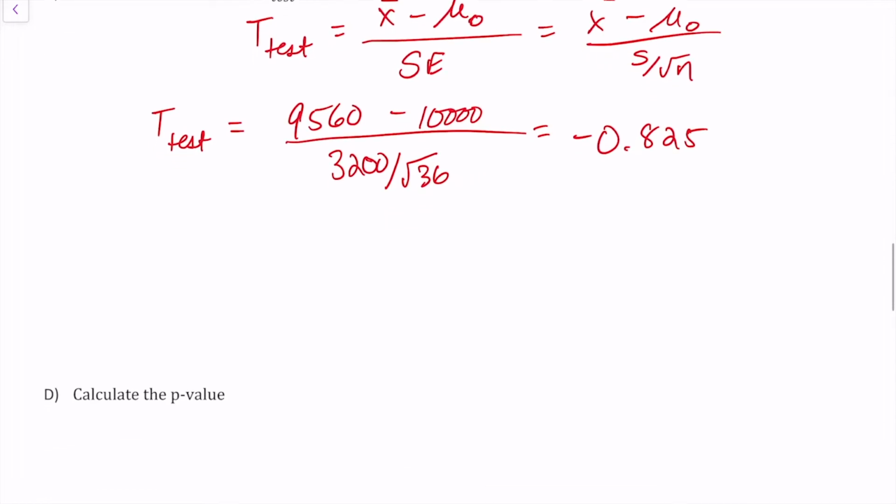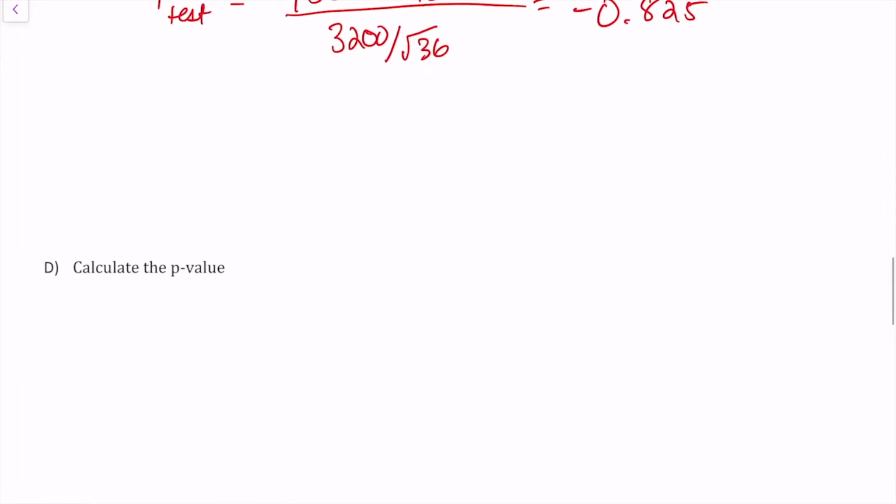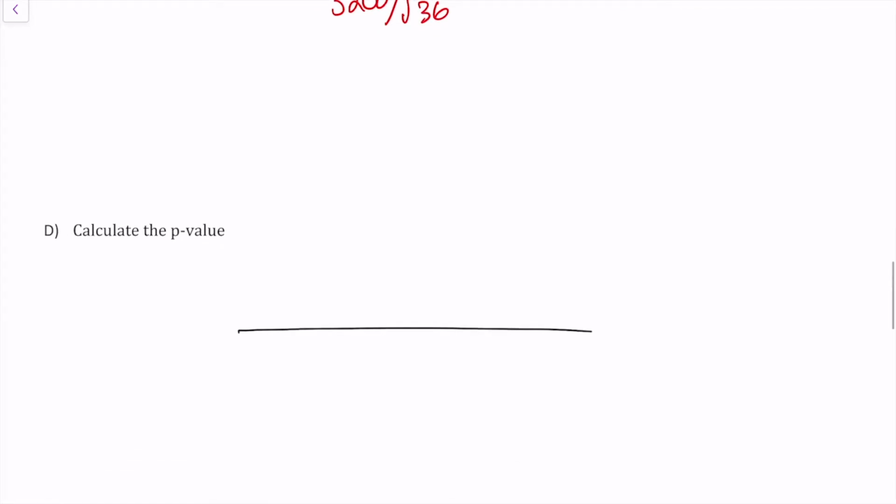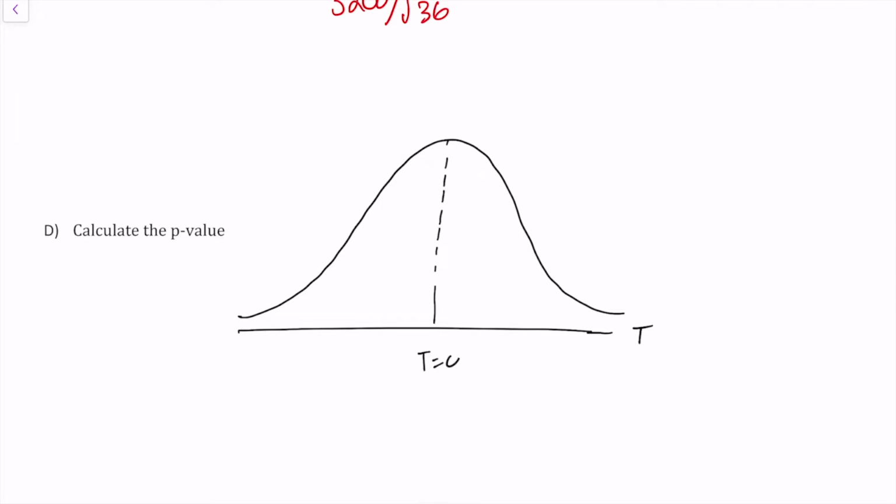In order to figure that out, we're going to calculate the p-value. We have a normal looking distribution, but this time these aren't z-scores, these are t-scores. But we're still centered at t equals 0.